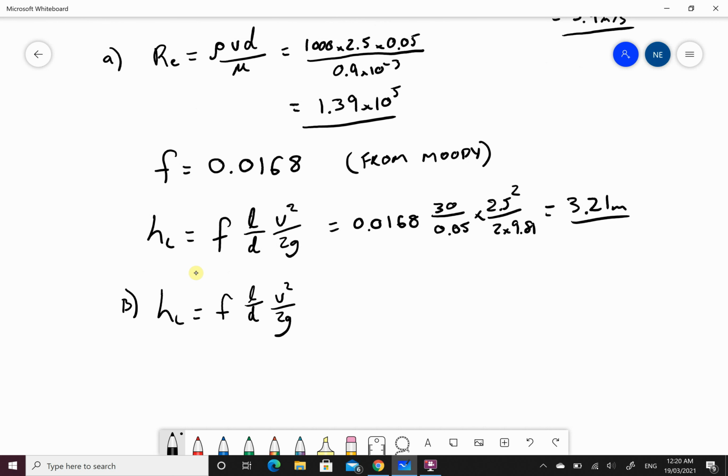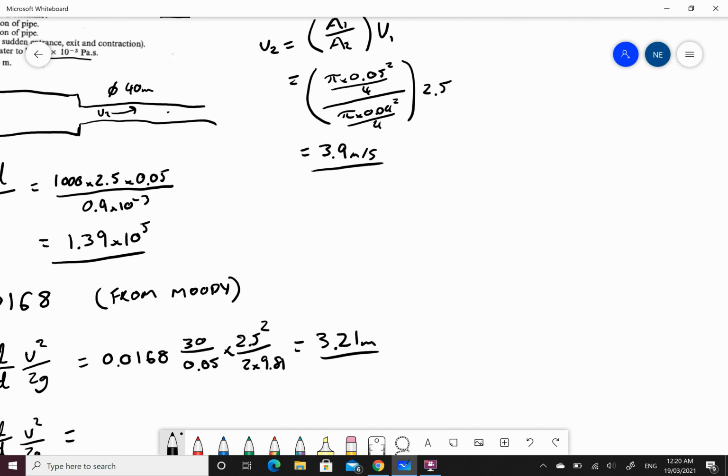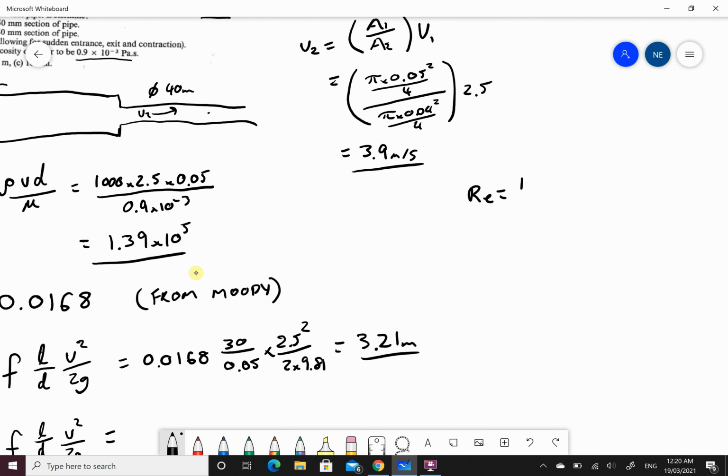To calculate f, I need to go back through and work out my Reynolds number. So let's do that. My Reynolds number on this side, using the same formula, rho by V by D all over mu. It's the same fluid, it's incompressible.